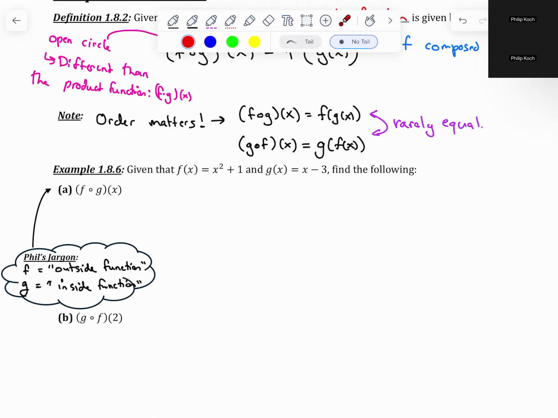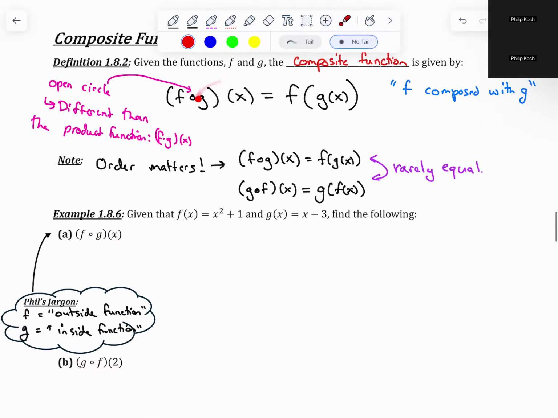G is the function on the inside, f is the function on the outside. That is a very useful way to think about this, and it helps us a lot in intuition and how to work with it.